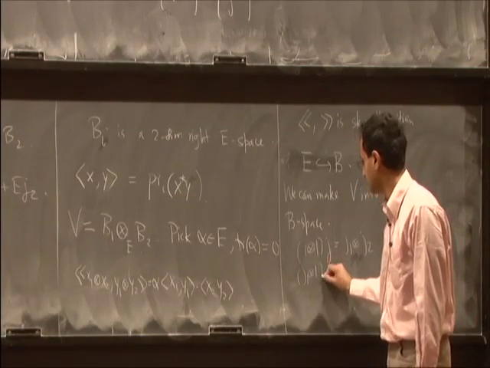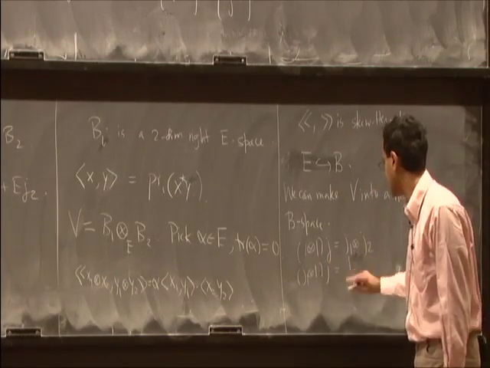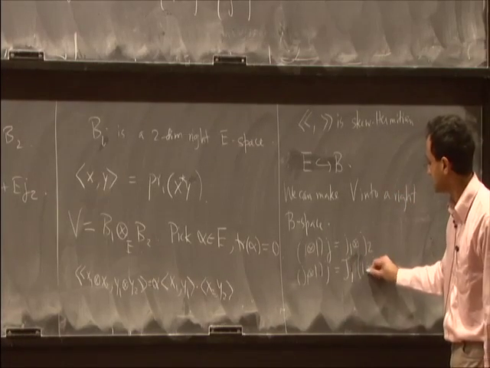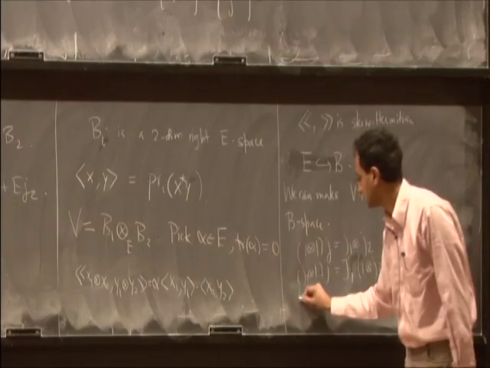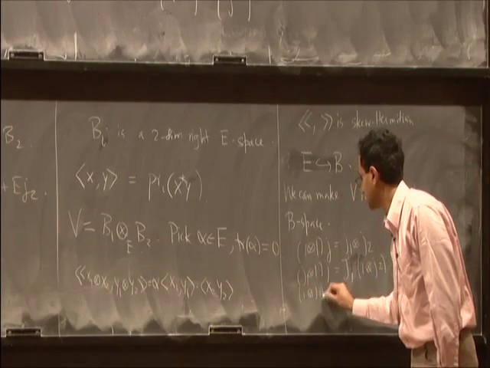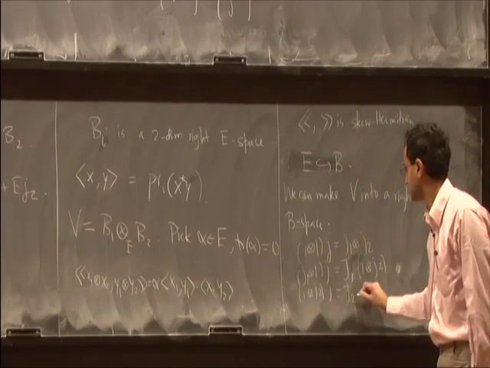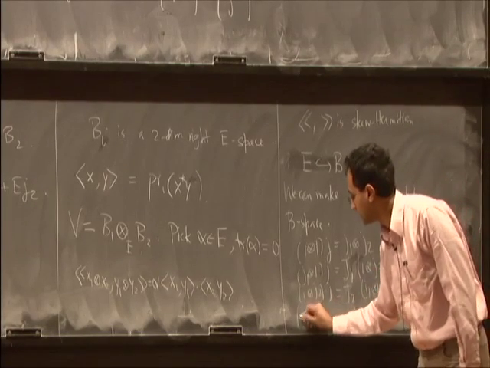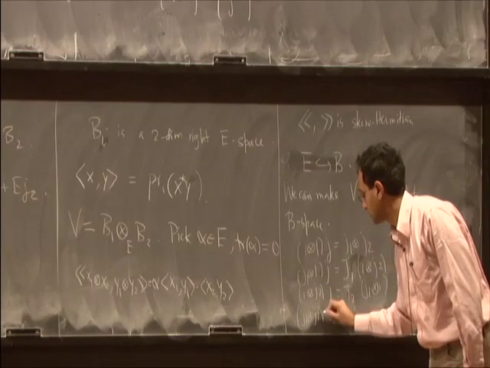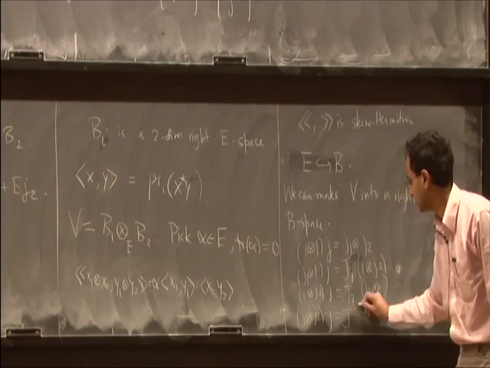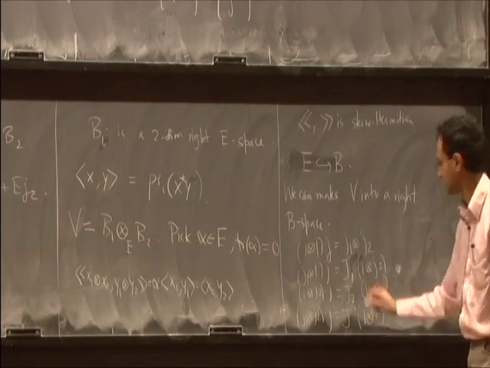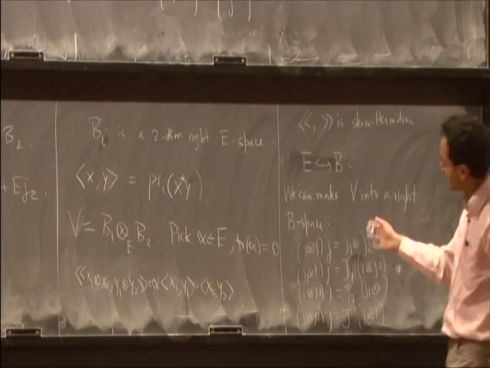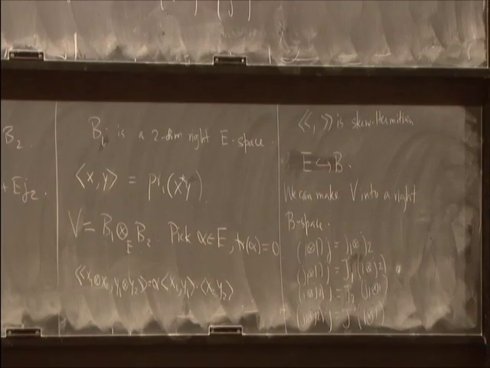J1 tensor 1 goes to capital J1 times 1 tensor J2, and so on. 1 tensor J2 goes to capital J2, and J1 tensor J2 goes to J times 1 tensor 1. It's straightforward, but a little tedious to check that this gives a right action.